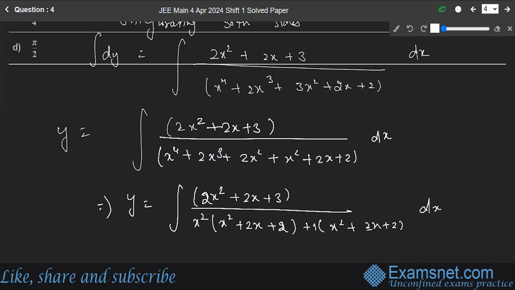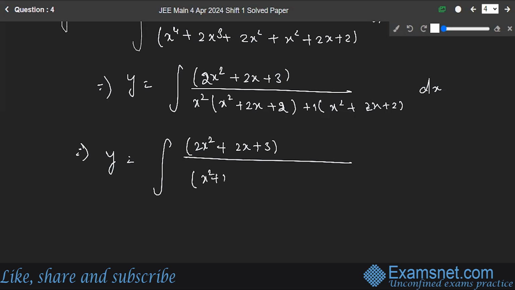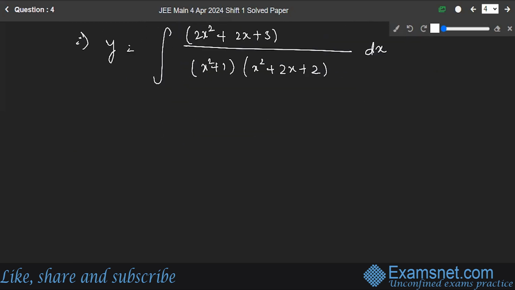So let's say y is equal to the integral of (2x squared + 2x + 3). Here you are going to take (x squared + 1), and here will be (x squared + 2x + 2) dx. Okay, now what will happen? I will again break it up.